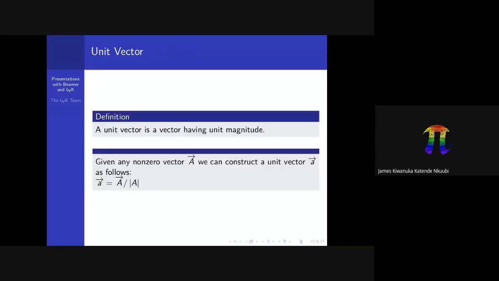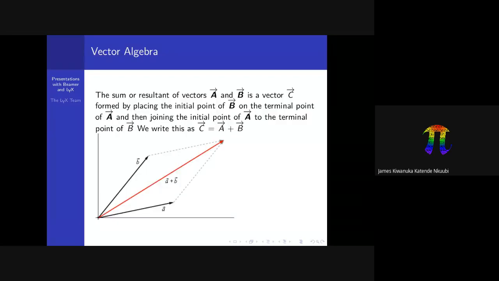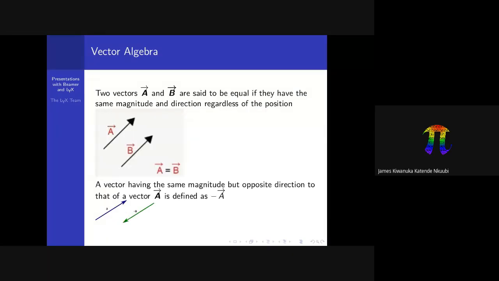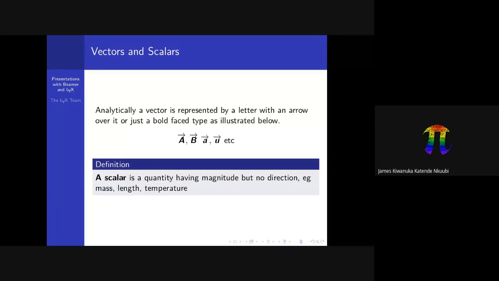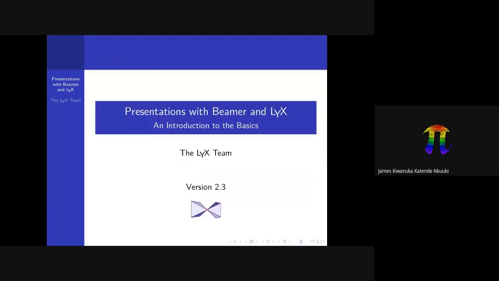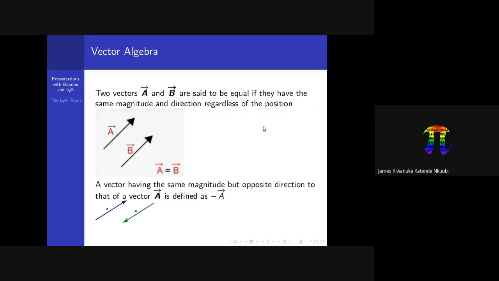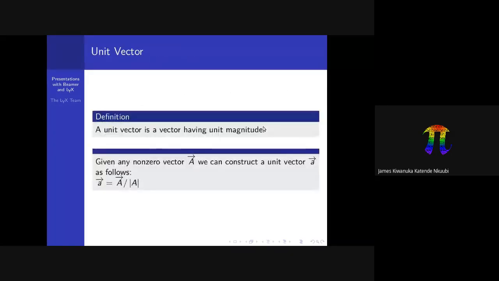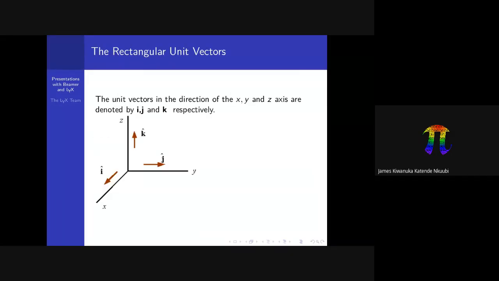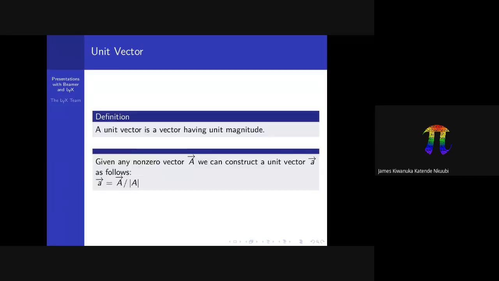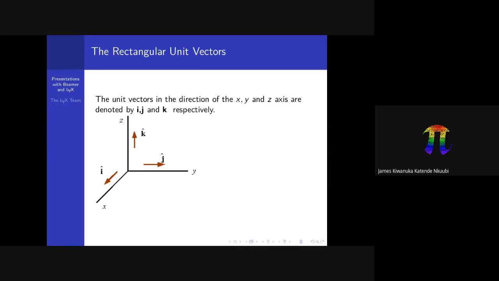I think we had done a lot of this stuff. So very first class, this is what we did, I think. Had we done this part about the unit vectors in the X, Y, and Z directions?